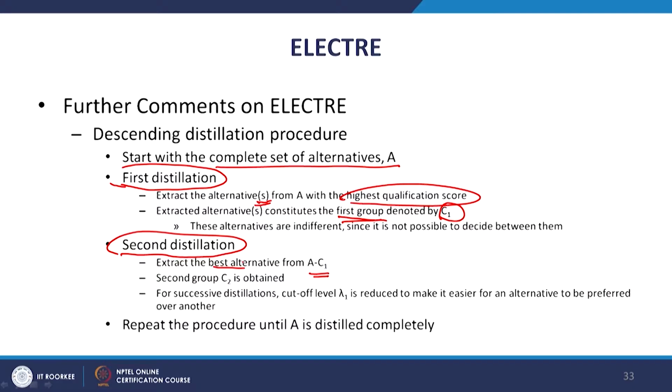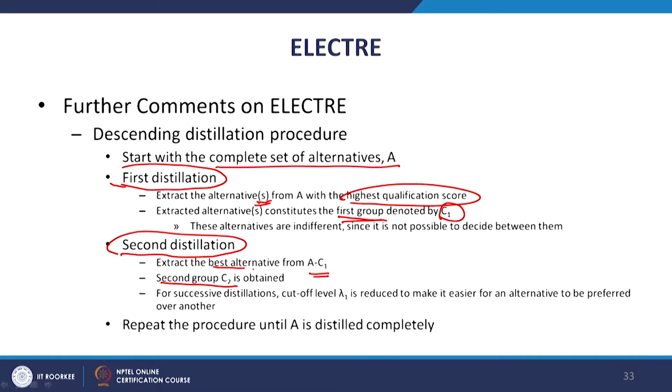There could be more than one having the same scores, so these extracted alternatives are referred to as the second group, C2. So this second group is obtained, and this is our second distillation.